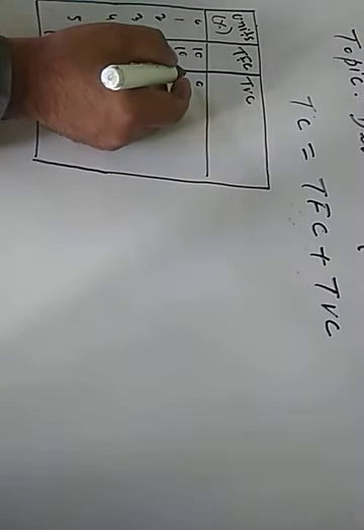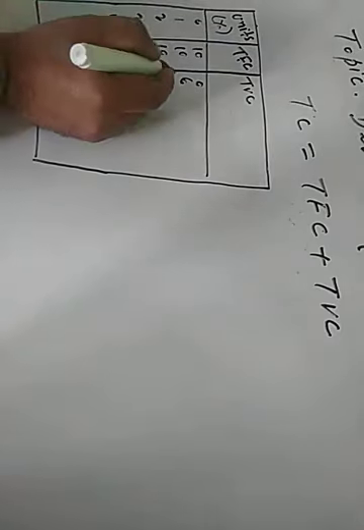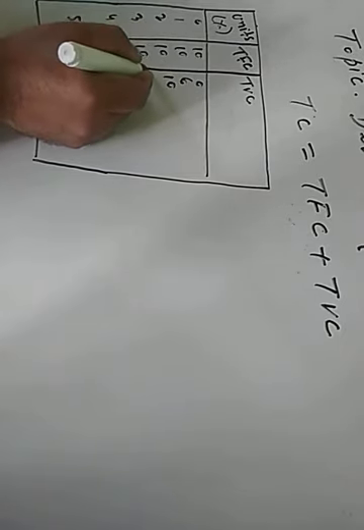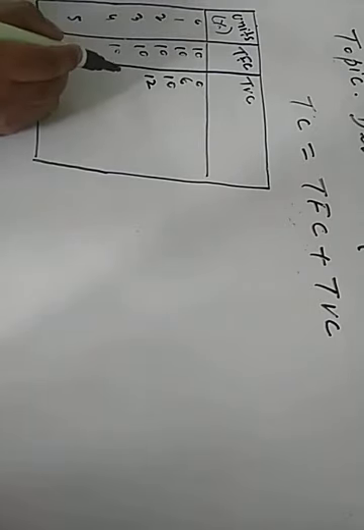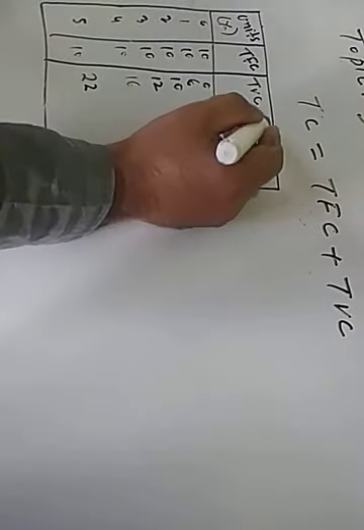the producer is using some units of labor and some quantity of raw material, therefore there will be some variable cost. Suppose that is equal to 6 rupees for the first unit. And when 2 units of X are produced, it will increase to suppose 10 rupees, then 12 for 3 units. Similarly, for 4 units of X produced, it will increase to 16 rupees and 22 rupees when 5 units of X are produced.